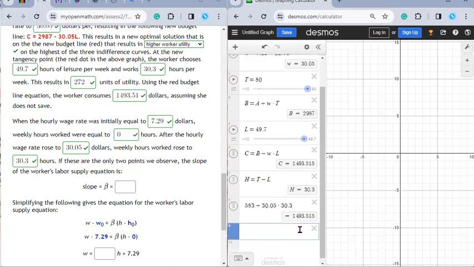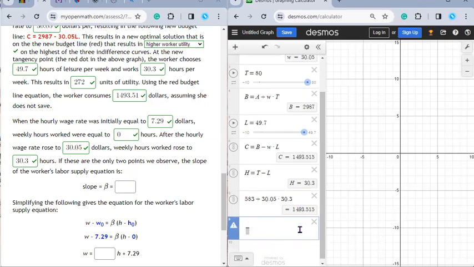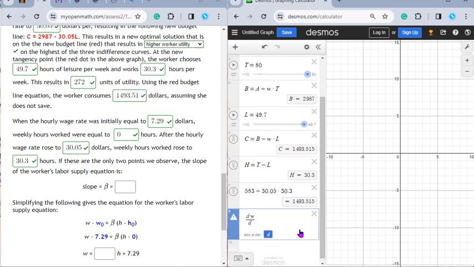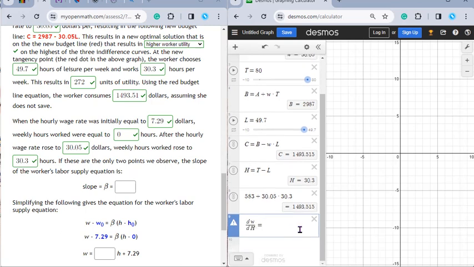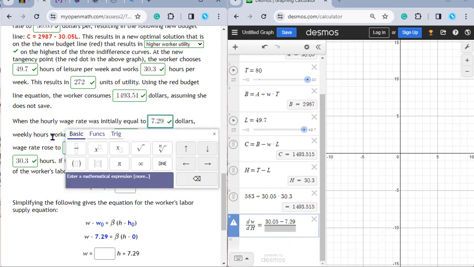Now down here, I'm going to do a fraction. I have the change in the wage divided by the change in hours worked, right? The wage was $7.29. The wage now is $30.05, so I'm taking the difference of these two, right?